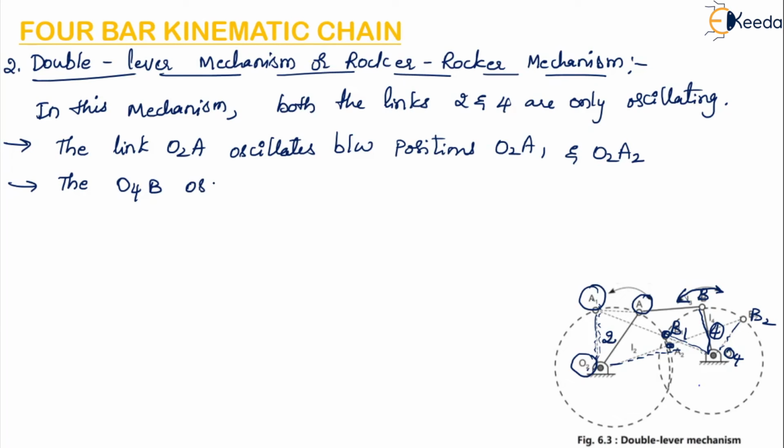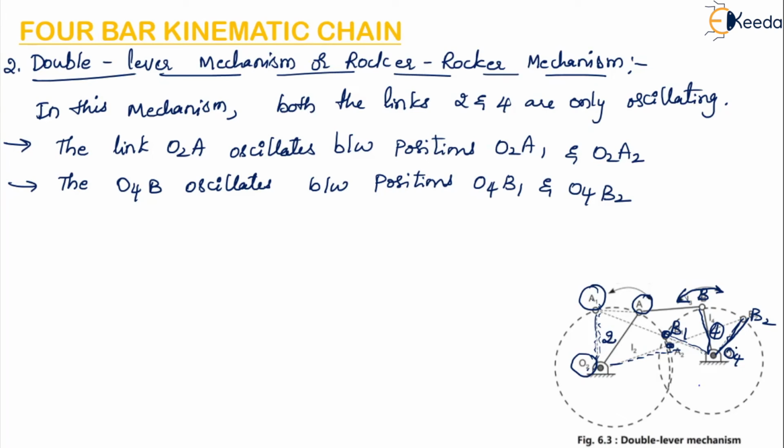O4B oscillates between positions O4B1 and O4B2. Position O4B2 is obtained when O2A and AB are along a straight line.